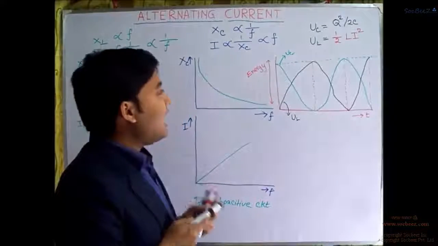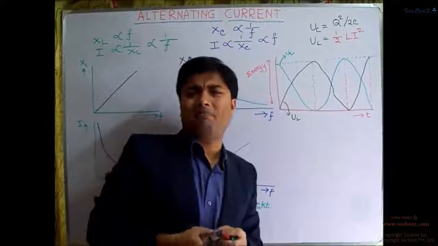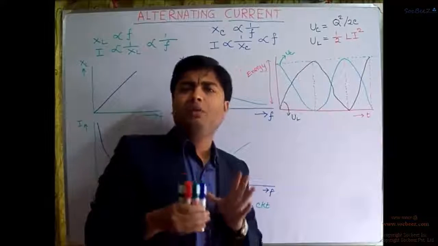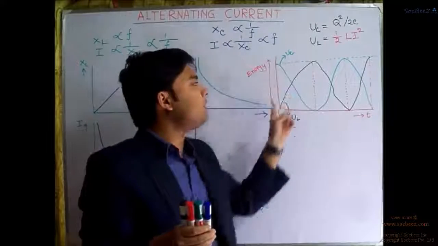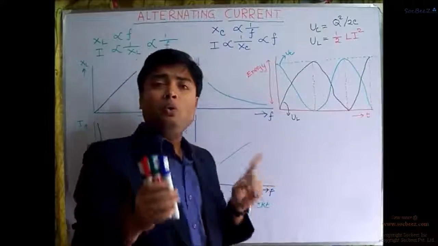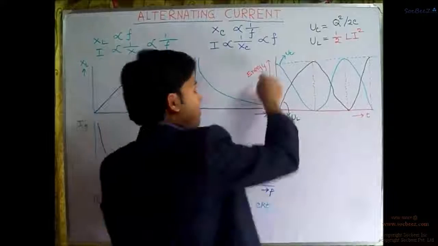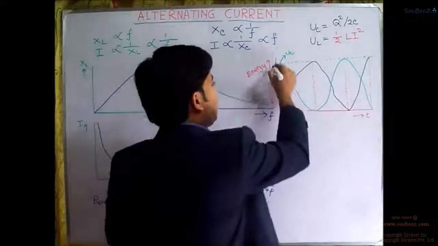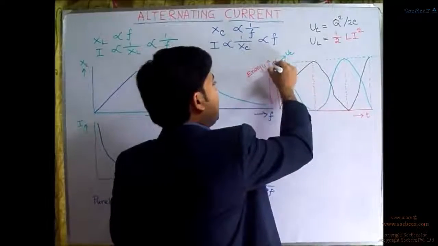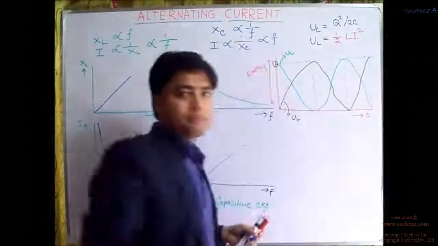Now, at any point of time, if you find out the value of UC plus UL, you will get this amount of energy. This amount of energy we are going to get throughout.